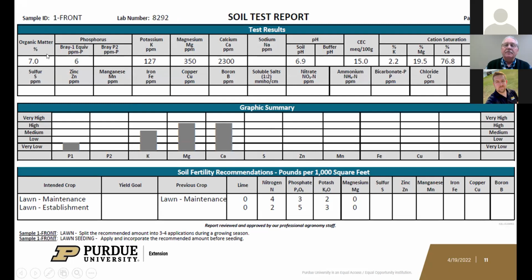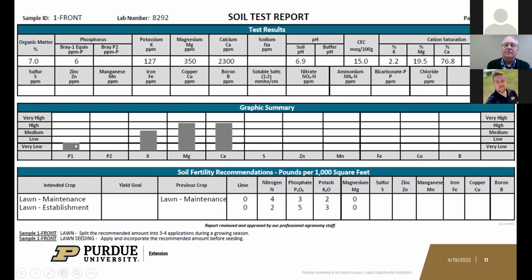It's a little bit more graphical, not as many numbers, because it's one sample, one printout per sample. We can see those numbers coming across here, slightly different layout than before, but we still have the numbers. I did not get a micronutrient test for this one, but down here it gives you a graphical summary so you can see where these numbers fall within the ranges.